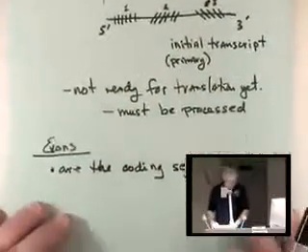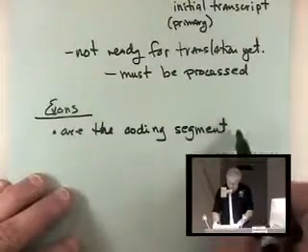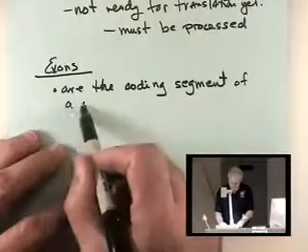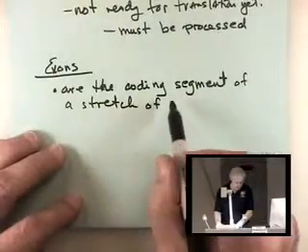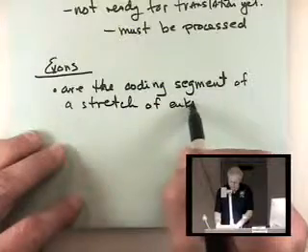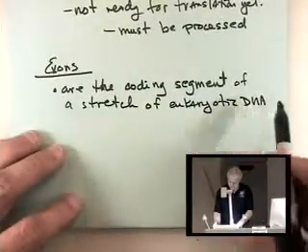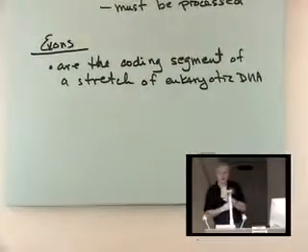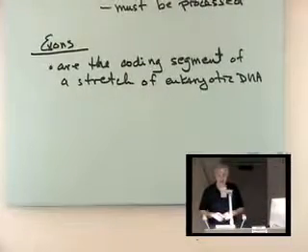So it's segmented in that sense. The coding segments of a stretch of eukaryotic DNA. So exons are the coding segment of a stretch of eukaryotic DNA, just as we had described.